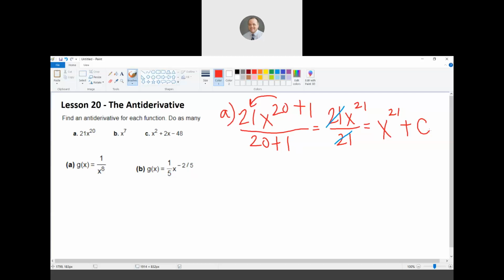Your constant could be any number, positive 7, negative 84, positive 1 million. So if you check your answer, no matter what the constant is, its derivative is going to be 0.